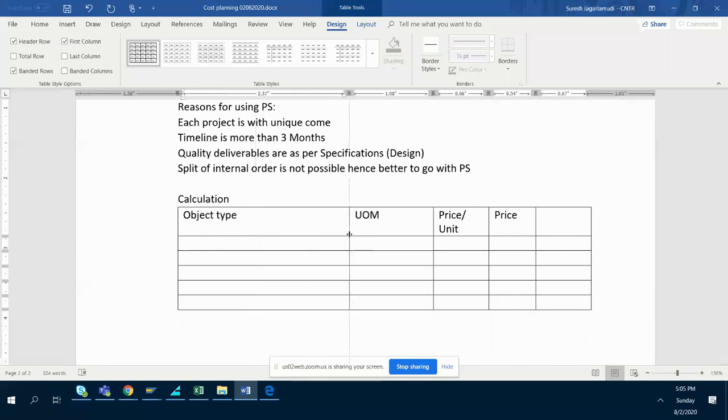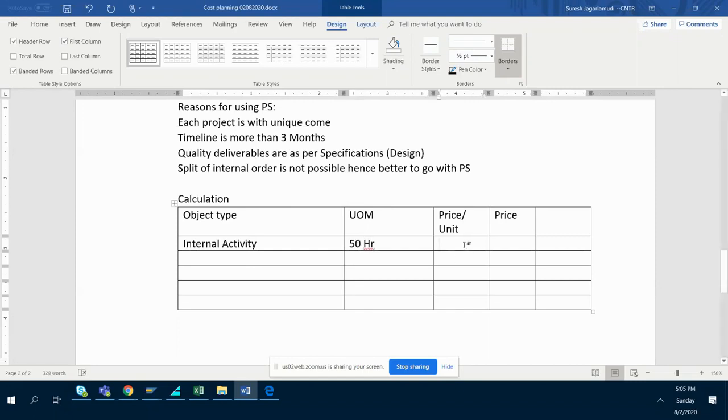Let's go first with object type internal order, internal activity. If it is internal activity, what unit of measure are we going to use? Generally we use hours, 100 hours, 50 hours, something like that. So it is hours.